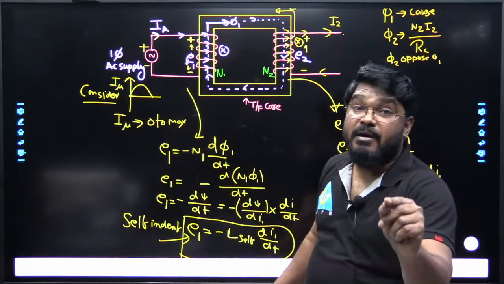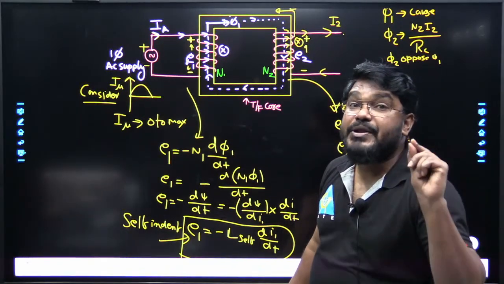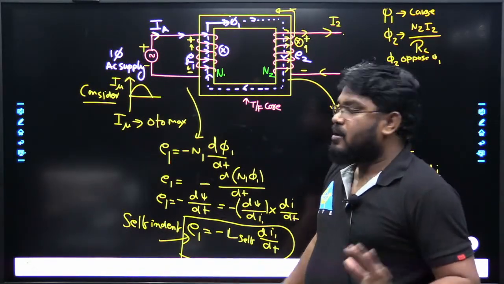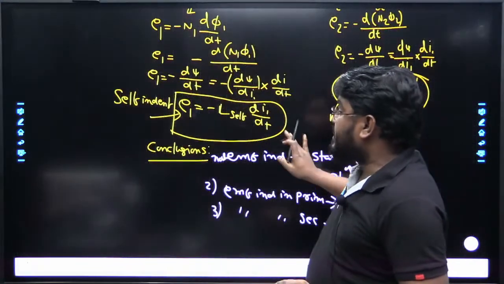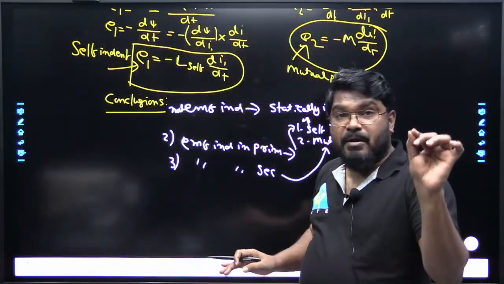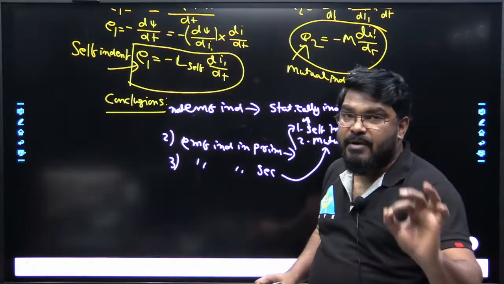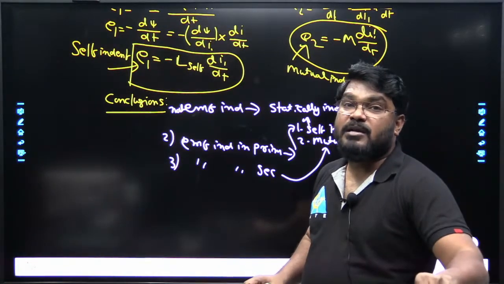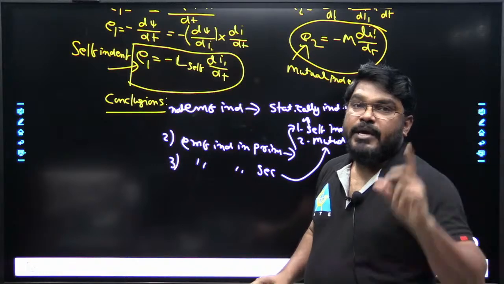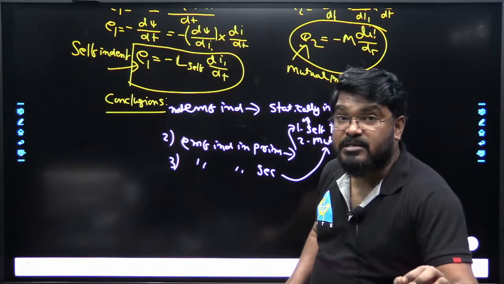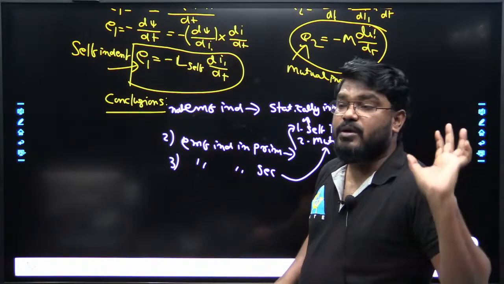So the conclusions: the induced EMF in a transformer is statically induced, the primary winding EMF is self-induced, and the secondary winding EMF is mutual induced.